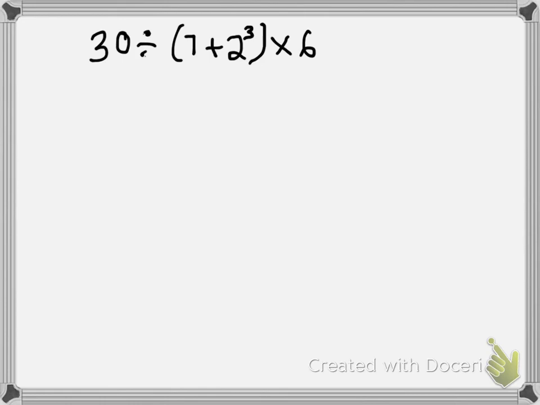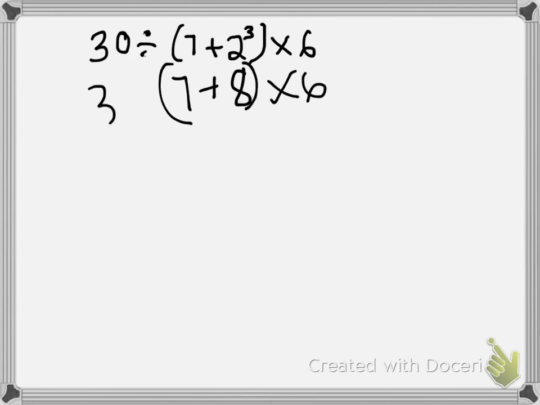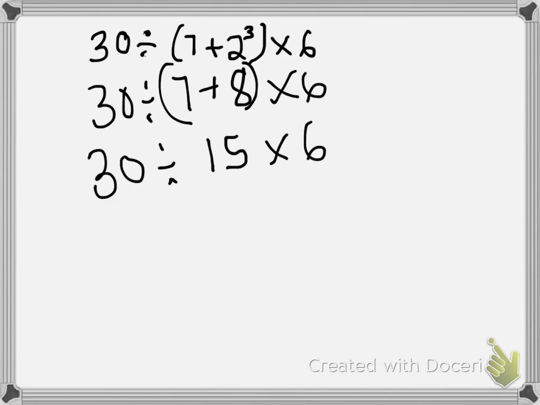So 2 times 2 is 4, times 2 is 8. So this 2 cubed becomes an 8, and that's plus the 7 times the 6 and the 30 divided by. So I went ahead and did that step. Now I'm going to do the rest of the parentheses. So I will do my 7 plus 8 is 15. I'll bring my 30 divided by down and my times 6 down.